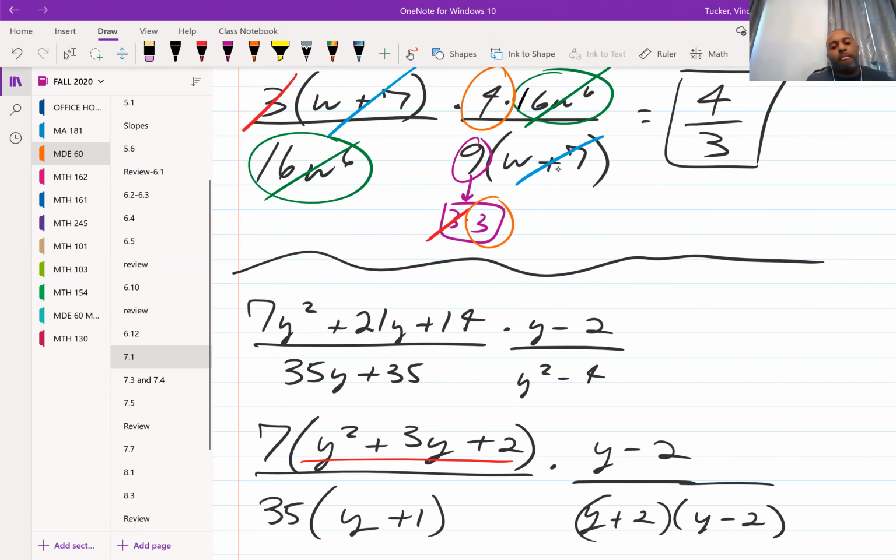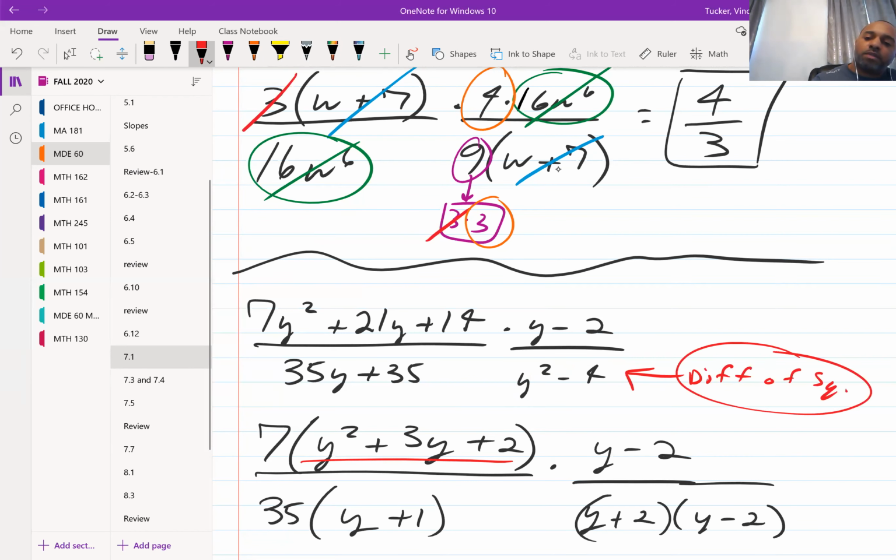So in the parentheses of the first one, I'm left with y squared plus 3y plus 2. Second parentheses, or the first denominator, leaves me with y plus 1 in the parentheses. Then here, y squared minus 4, that's the difference of squares. So that gives me y plus 2, y minus 2.